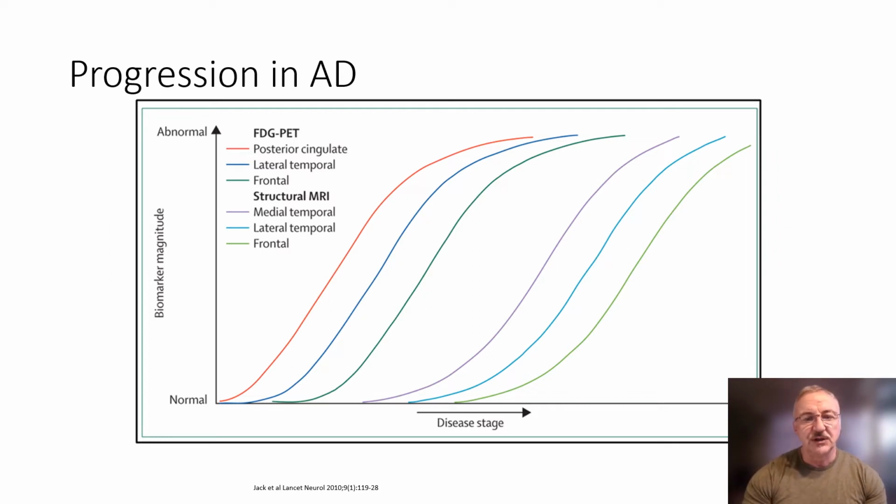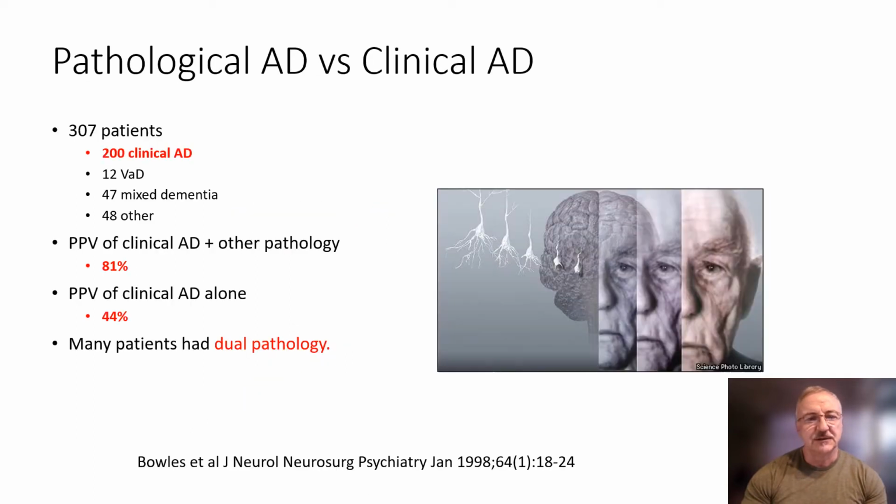And we see those changes earlier in posterior cingulate, and then into the lateral temporal, and then into the frontal. And within the MRI, we see structural changes in the medial temporal lobes before we see lateral temporal lobes and frontal temporal changes as we see that atrophy. So we'll keep referring to these models as we look through the evidence.